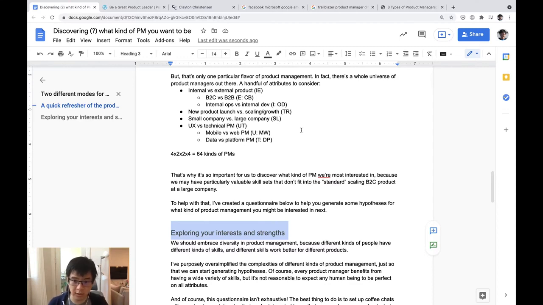And so one of the action items is to actually go do this questionnaire, and we'll see, okay, I'm going to be generally this kind of PM. But it's too fuzzy. What are the steps that come before this, if there are any? What are the steps that come after, if there are any? And so that's also something I want to get to: what specifically are the steps that I should be taking to figure out what kind of PM I want to be, and then move in that direction. That is what I really want to get to.